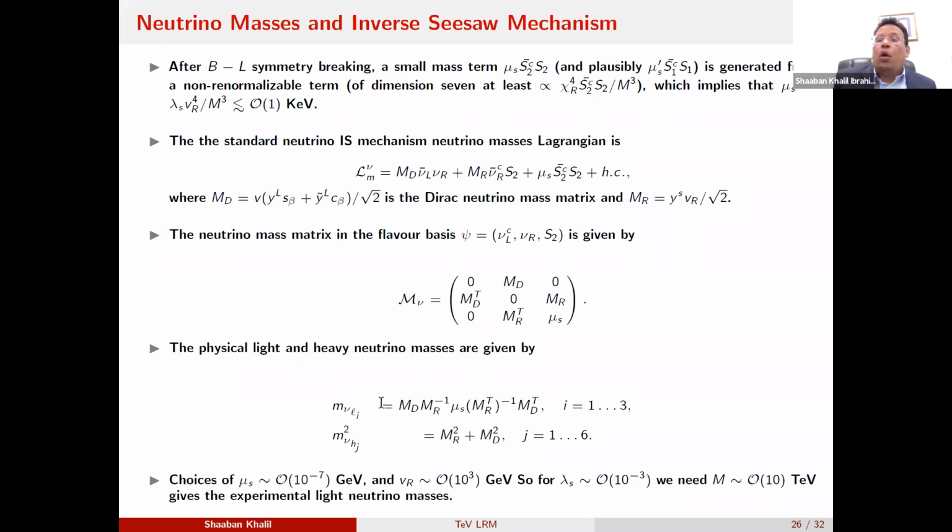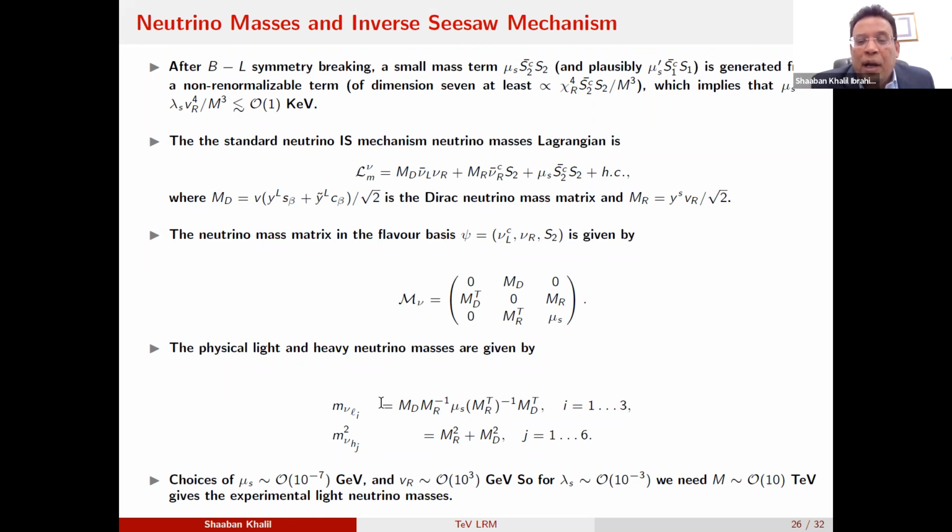Let me close the discussion here by telling you how the neutrino masses are generated. The neutrino masses will be generated with this inverse seesaw, where we have this mass matrix now.